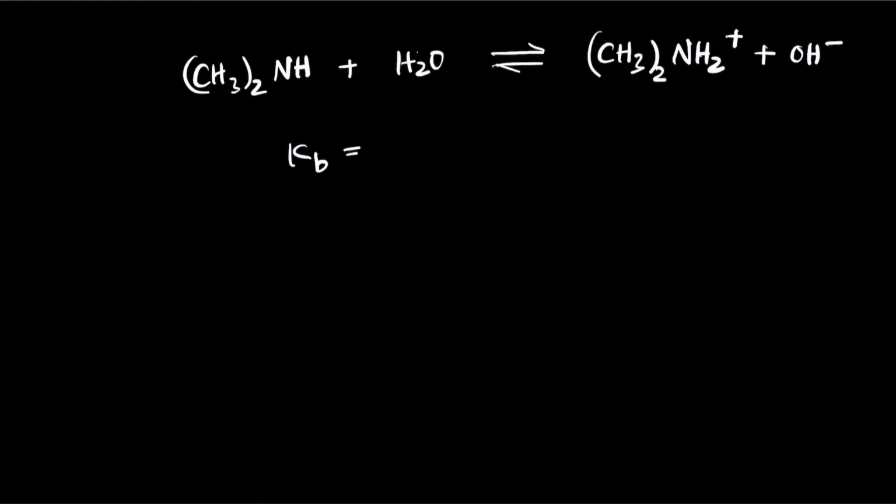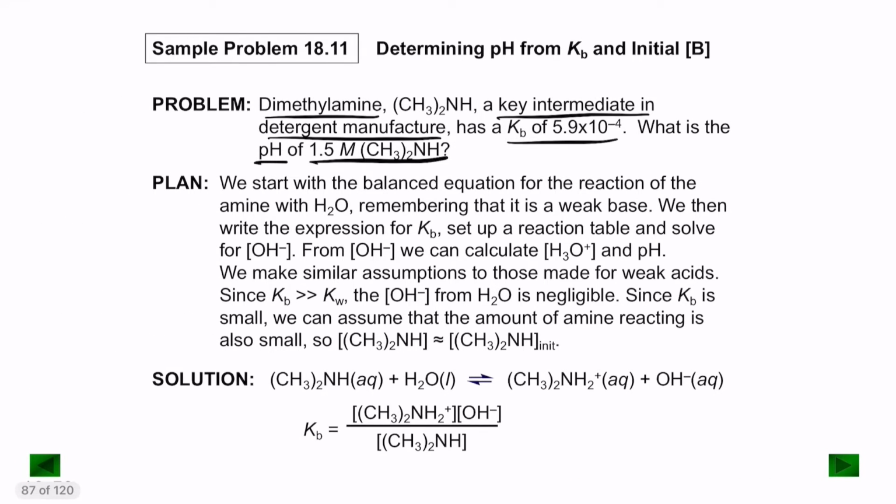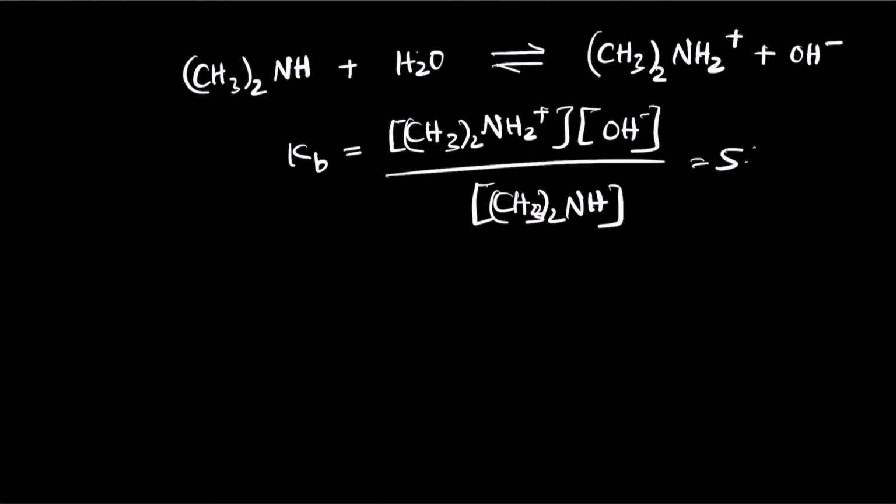Now write down the equation for Kb, which is (CH3)2NH2 plus times OH minus divided by the concentration of (CH3)2NH. The Kb value here is 5.9 times 10 to the power negative 4.